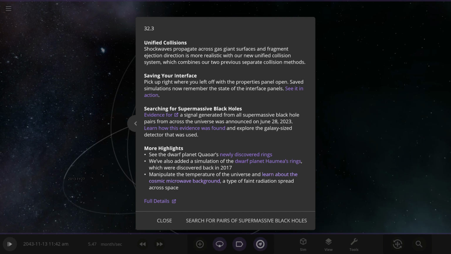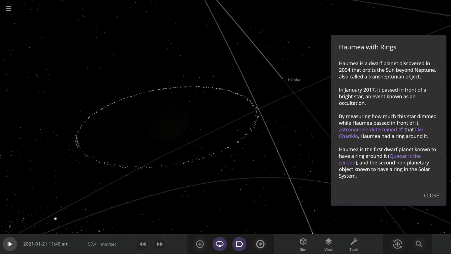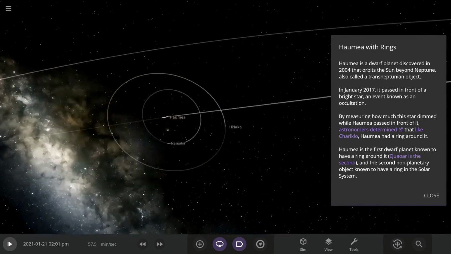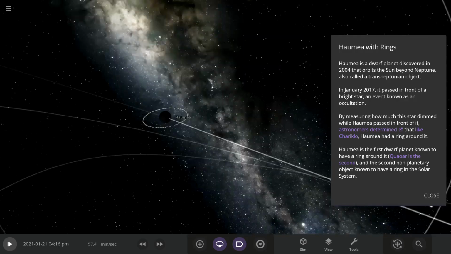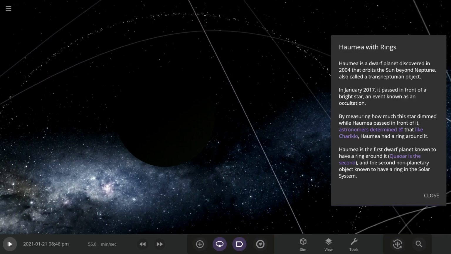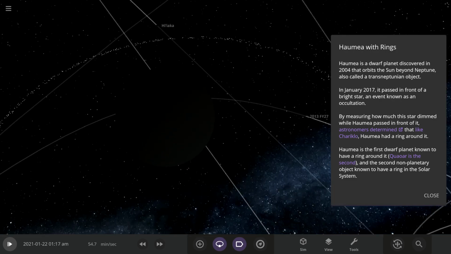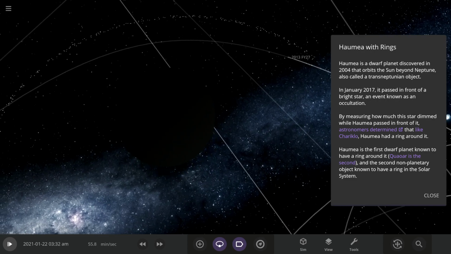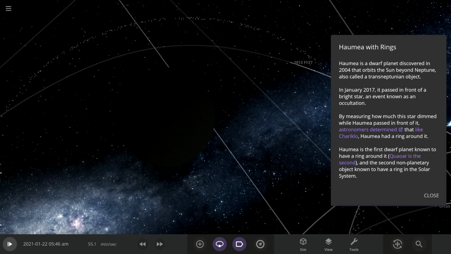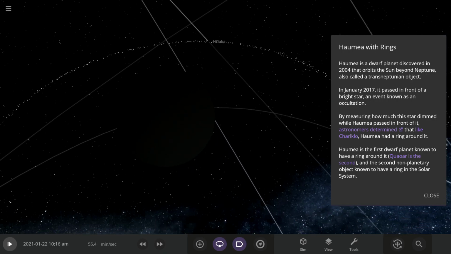Okay, but anyways, we've also added a simulation of the dwarf planet Haumea's rings, which were discovered in 2017. Ah, okay. Oh, Haumea has 2 moons? Haumea is a dwarf planet discovered in 2004 that orbits the Sun beyond Neptune, also called a trans-Neptunian object. In January of 2017, it passed in front of a bright star, an event known as occultation.